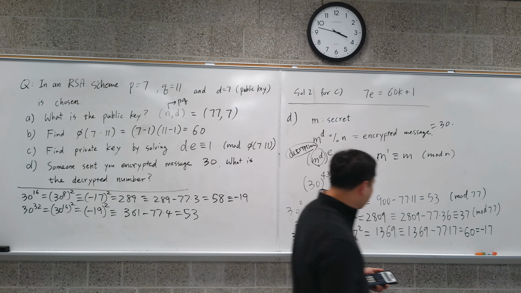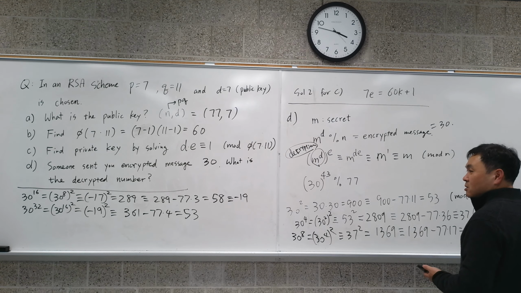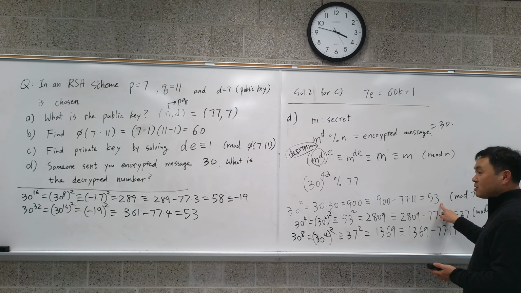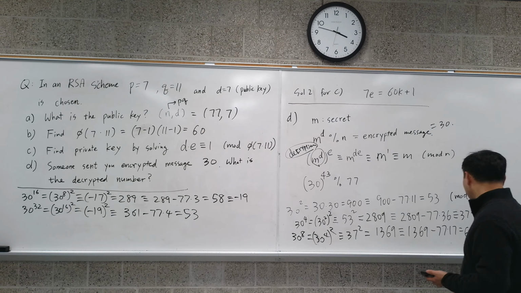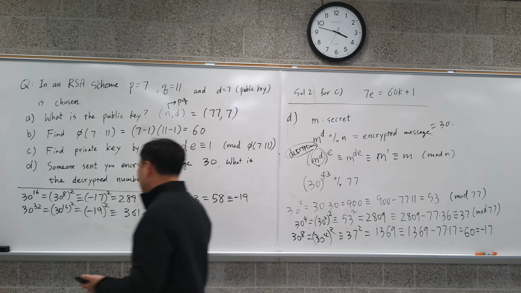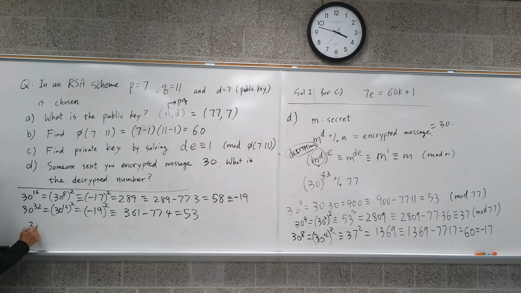Seems like we're going in circles. Oh, same as that. Huh? Did you just see that? Right? Okay, so what does that mean? That means 30 to the 32 power is congruent to 30 to the square power.